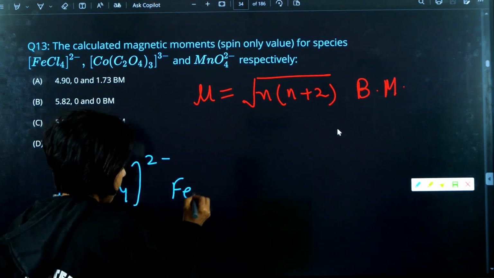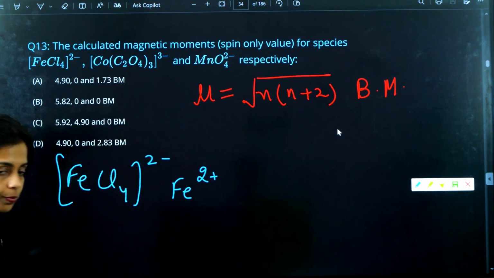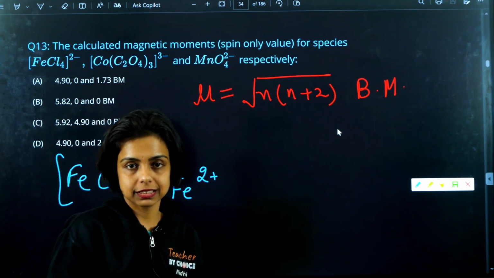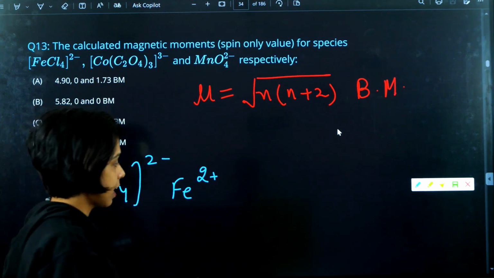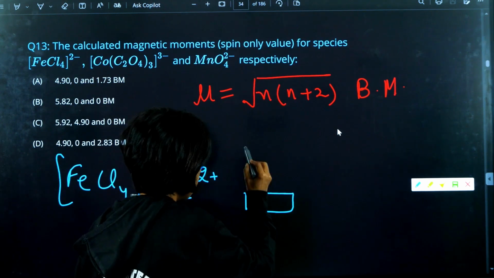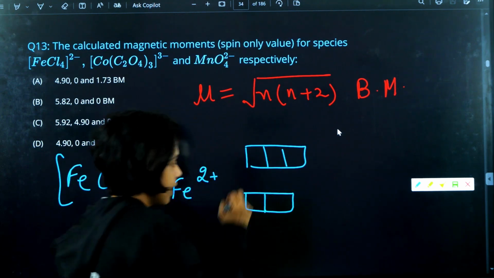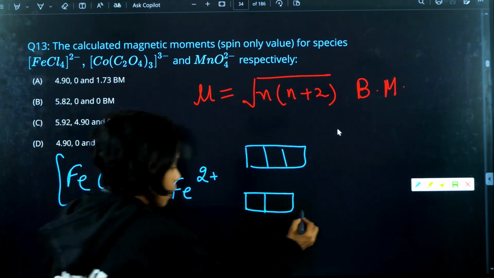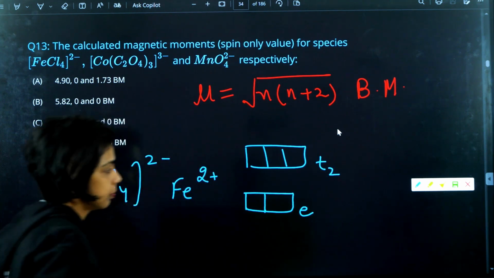So iron is in plus 2 oxidation state here, and you have a 3d6 configuration, right? 6 electrons, and it is a tetrahedral complex, right? So this is your e, this is your t2.